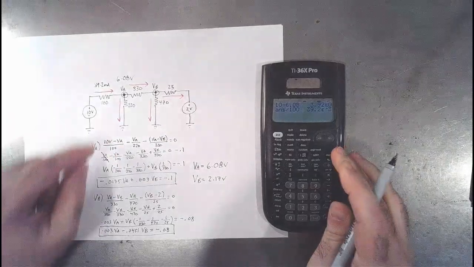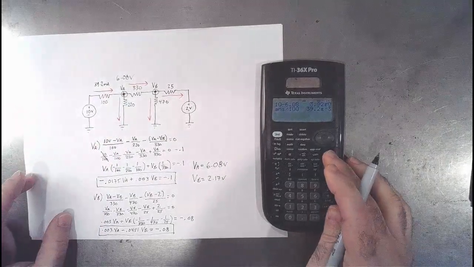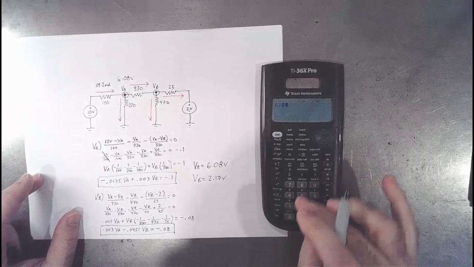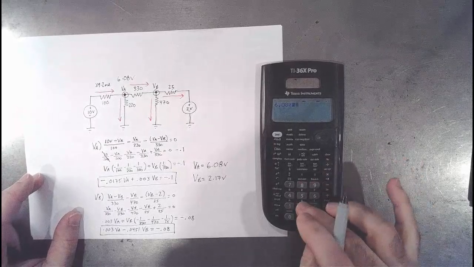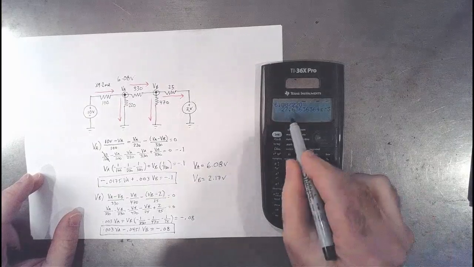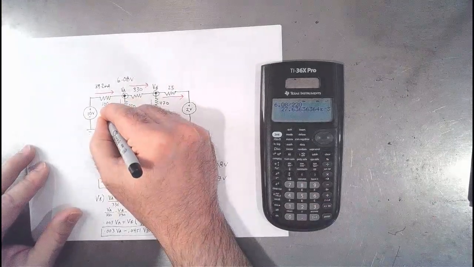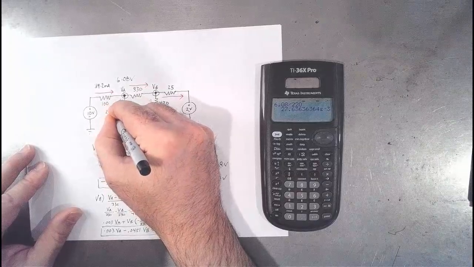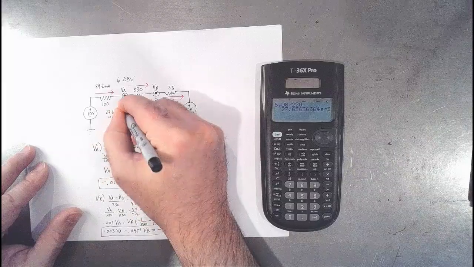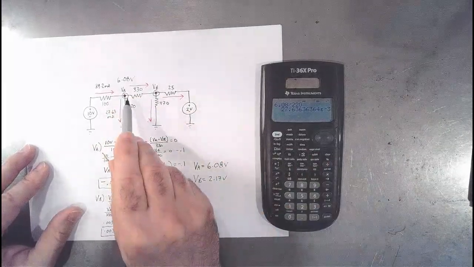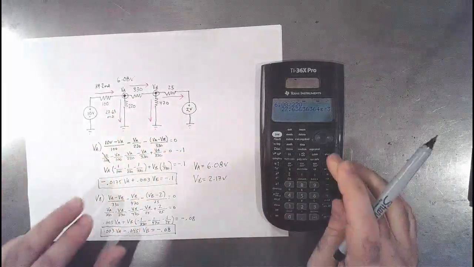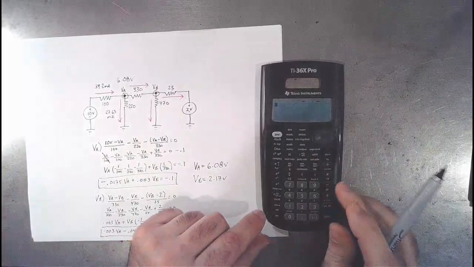Okay, let's see how much is leaving via the 220. So we've got 6.08 volts divided by 220 ohms. So that is 27.63 milliamps leaving this way. Let's see how much is exiting via the 330.